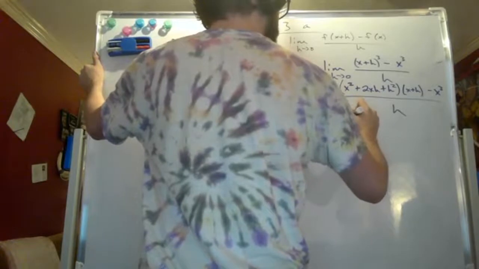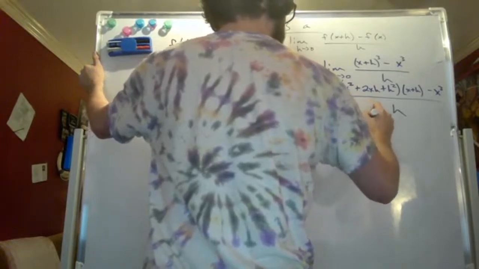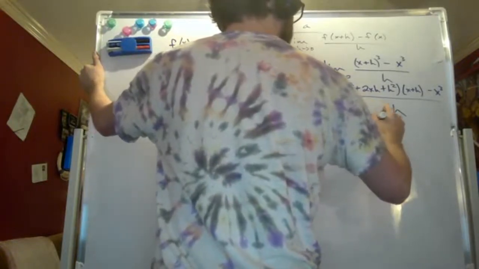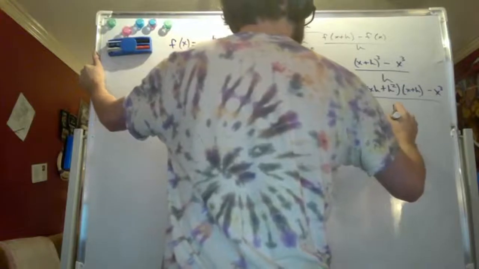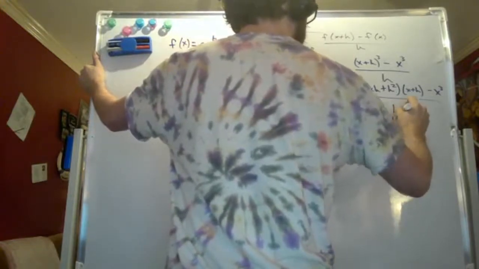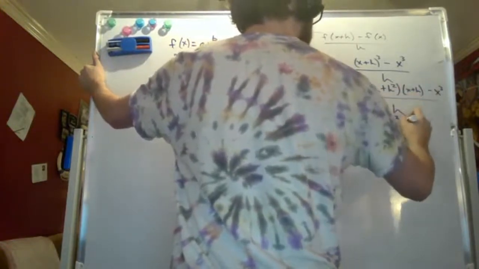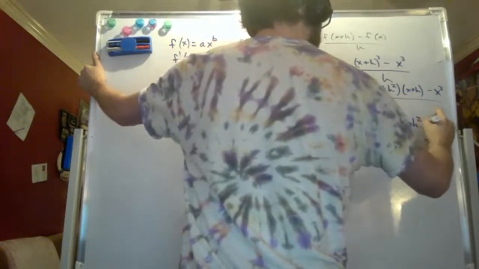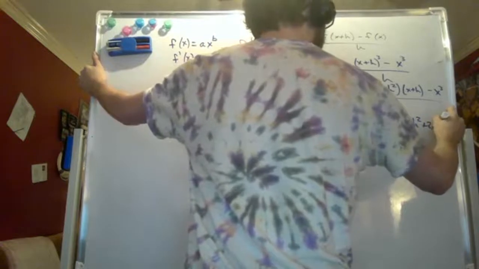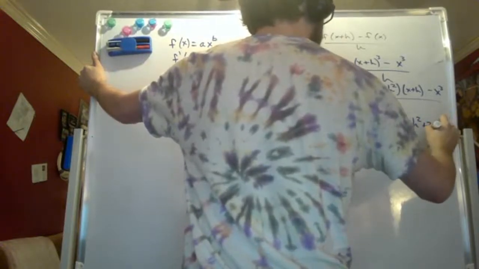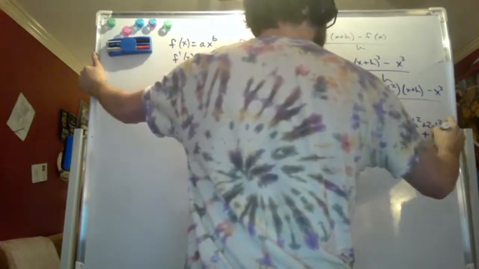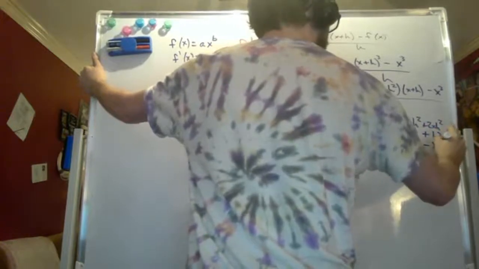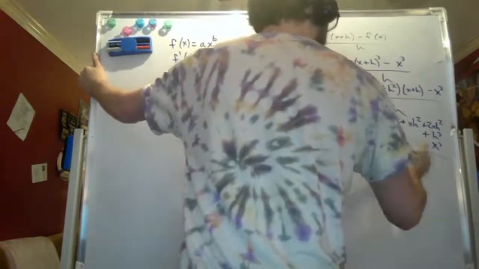Then we keep going. We can multiply this out, and we're going to have x cubed plus 2x squared h plus xh squared plus xh squared plus 2xh squared plus h cubed. And we still have a minus x cubed. It gets a little bit messy here.